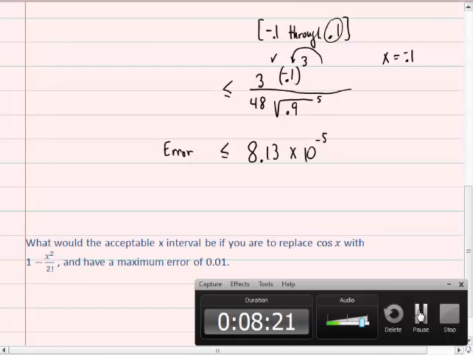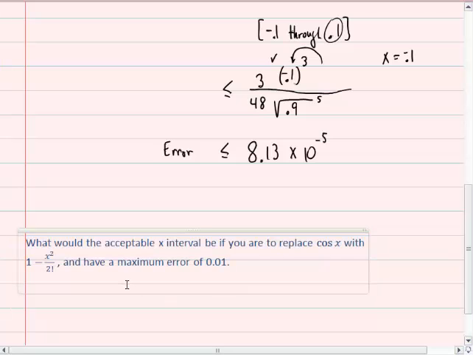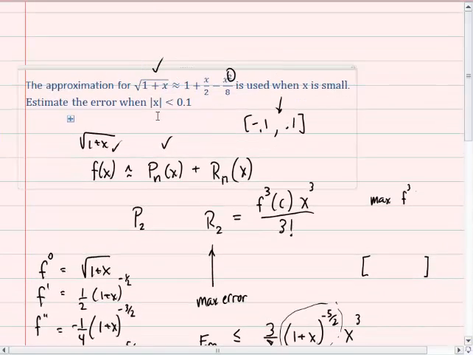Hopefully this video has been of help to you, and if you read below, you'll see that the next problem I'll post will be: what would the acceptable x interval be if you wanted to find your maximum error. So this problem that we worked on, we were given an interval to find what our maximum error would be.